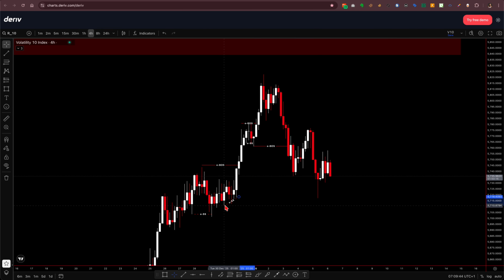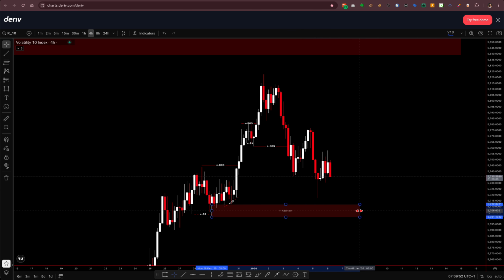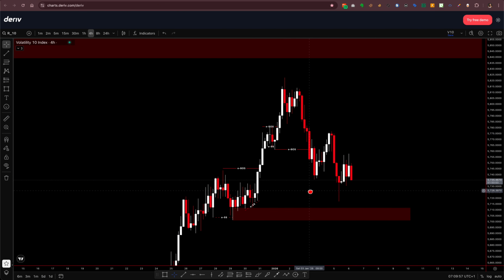It looks like a strong zone, but knowing volatility for what volatility is, I would be looking at taking my own trade from here, taking a buy from here. This could easily be a smart money trap. So I'll be looking at taking a buy from here.